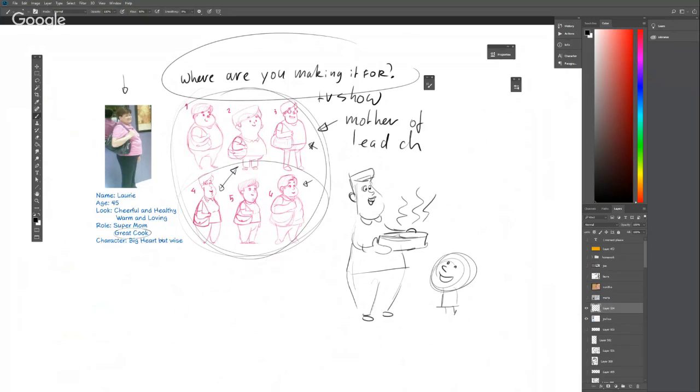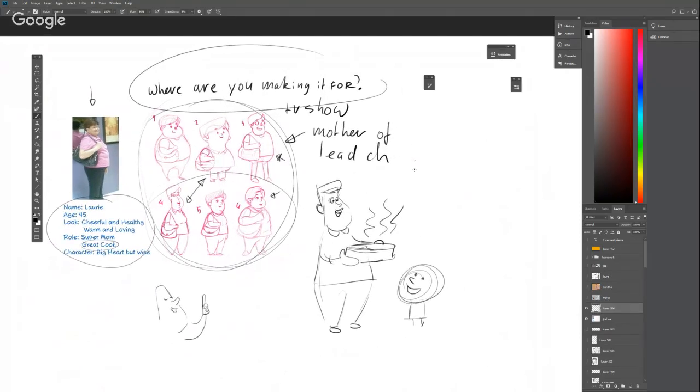Or if she's wise, maybe you can make her tell something wise like this. For next week, draw some poses that tell a bit more about her personality. So more poses.